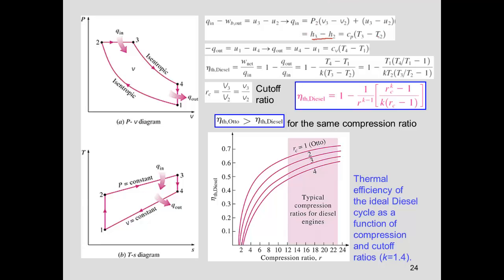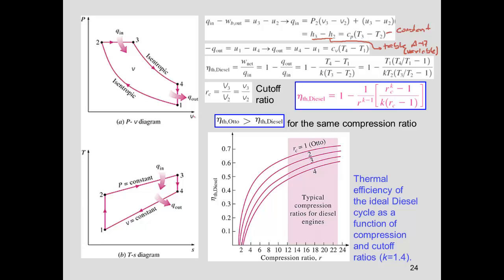And of course, this expression is for constant specific heats. We can get also variable specific heats. This can be evaluated with table A17, which is variable.